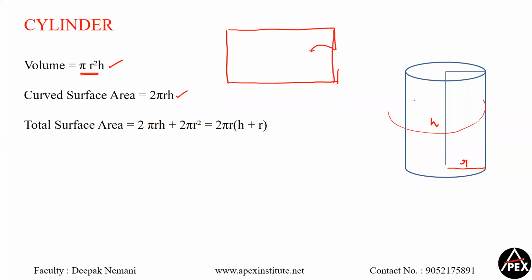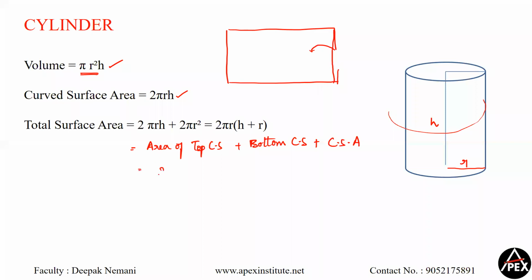Now if you need to find the total surface area of a cylinder, you will get the total surface area by adding the area of top cross section and area of bottom cross section to curved surface area.